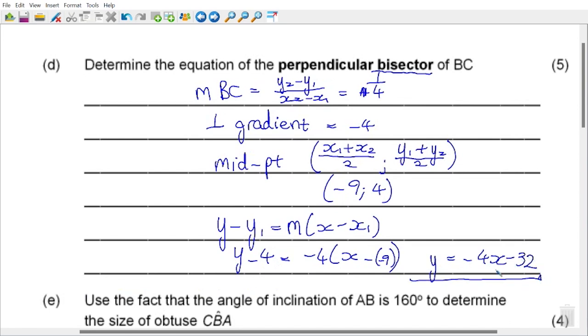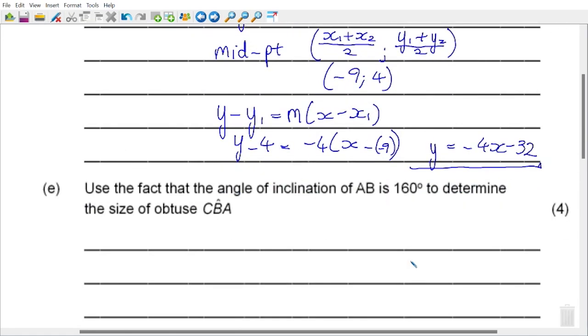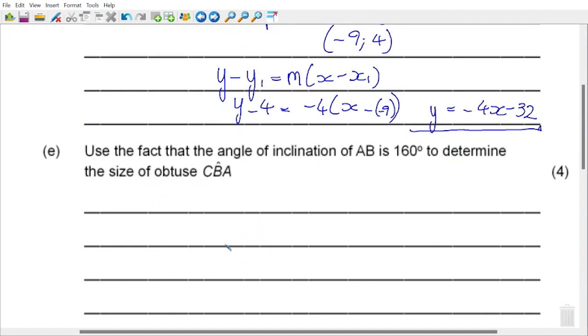Next up, we're going to use the fact that the angle of inclination of AB is 160 degrees to determine the size of obtuse angle CBA. I'm just going to draw in basically what we've got here.